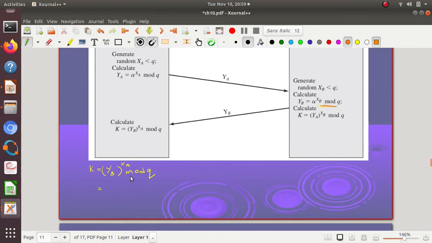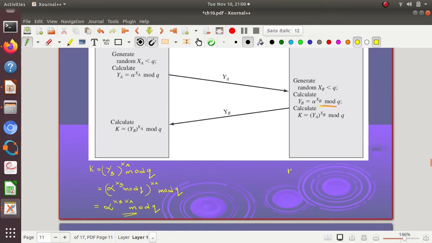So this will become alpha to the power XB mod Q, whole to the power XA, mod Q. This is the same as alpha to the power XB XA mod Q. This is the shared secret key generated at this side.